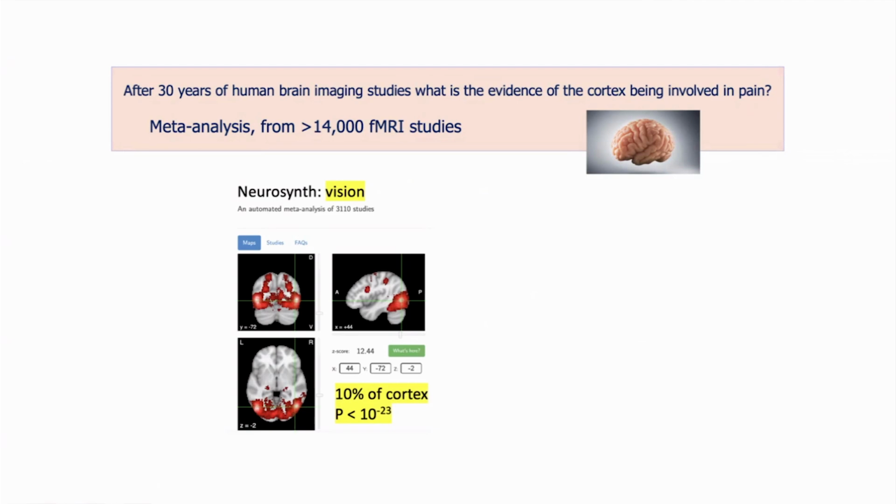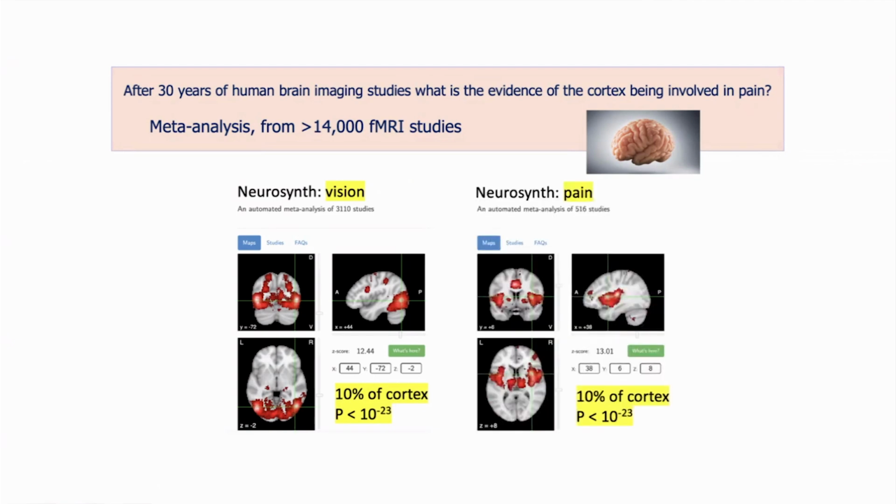Okay, that's great. What is our similar confidence about pain if we do the same analysis? That's the panel on the right. In this case, the number of studies is 500, as opposed to 3,000 for vision.